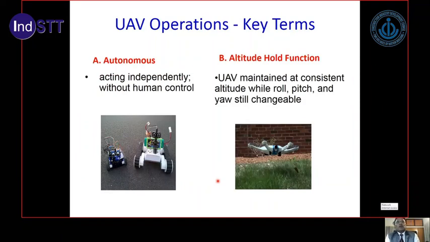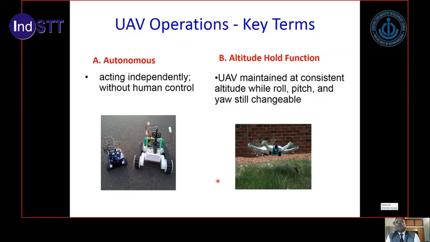Then there are certain terms which are used, like autonomous drones. Like we have the autonomous cars now coming into the market, they are based on the same principle. So we have autonomous drones where the drone will fly to well-defined points up in the space. GPS is helping us.